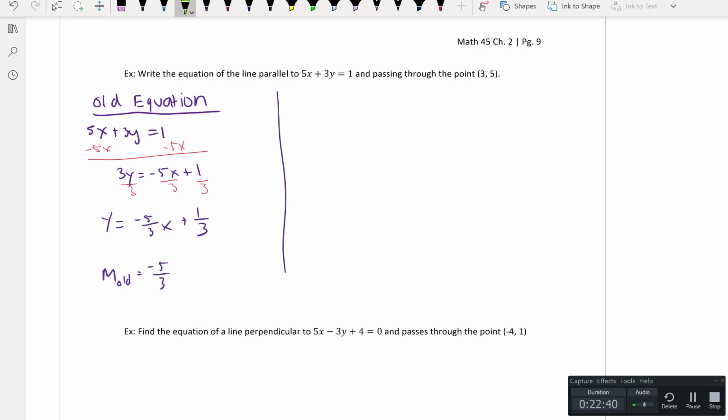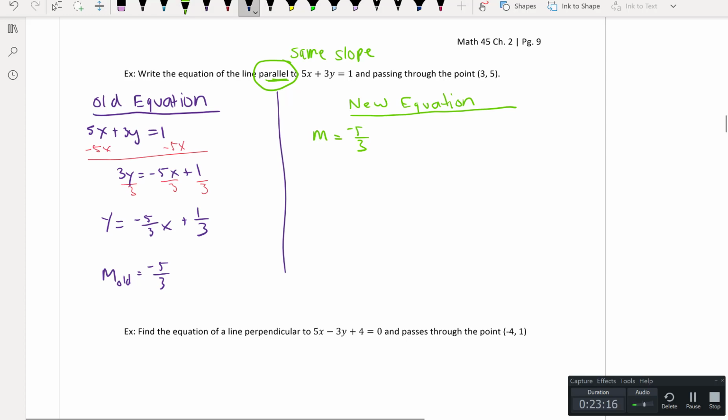Now, what I want to do is think about what my goal is. My goal is to come up with a new equation. That new equation is going to have two components. It's going to have a slope that's parallel to this line. So since I have the word parallel, that means it's going to be the same slope. So my m is going to be negative 5/3, since that would be parallel to the old line.